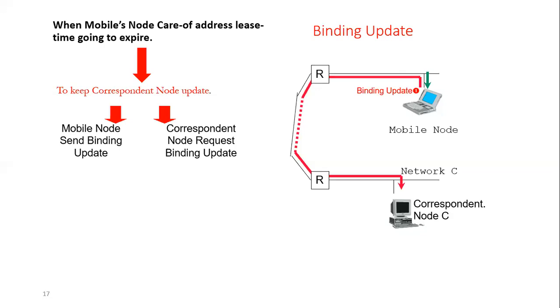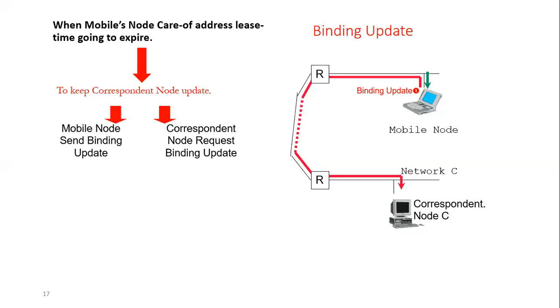It's called lease time. The mobile node tells the corresponding node what its current address is, so the corresponding node can just send the packet to that address. This is called binding update.